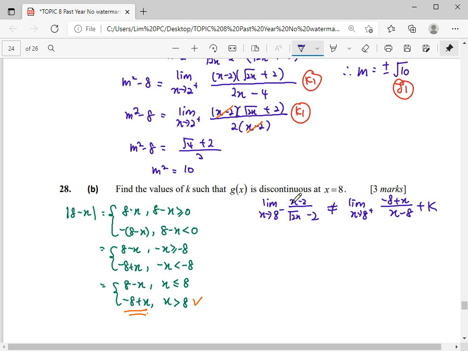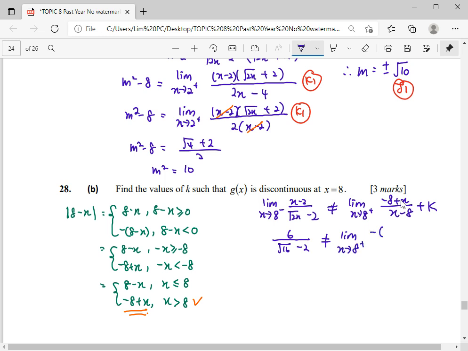When we substitute 8 here, 8 minus 2 is 6, and then 8 times 2 is square root 16, so square root 16 minus 2. When I substitute 8 into this other part, it will be 0 over 0. So this is indeterminate form. We have to simplify the function before doing our limit.